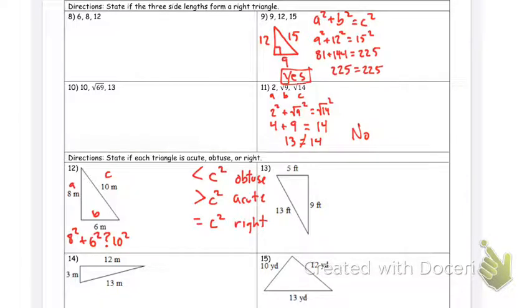So let's do this math up here. 8 to the second is 64 plus 36. Now we want to know if it's equal to 100 or less than 100 and so on. So 64 plus 36, that is actually 100. Bring down this 100 and they are equal, which makes it a right triangle.